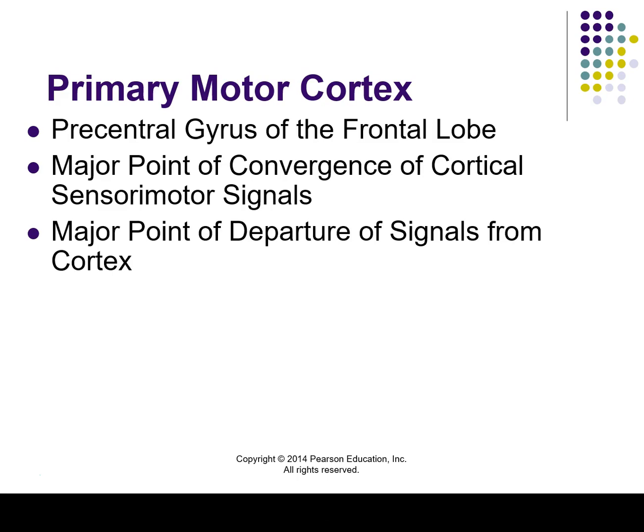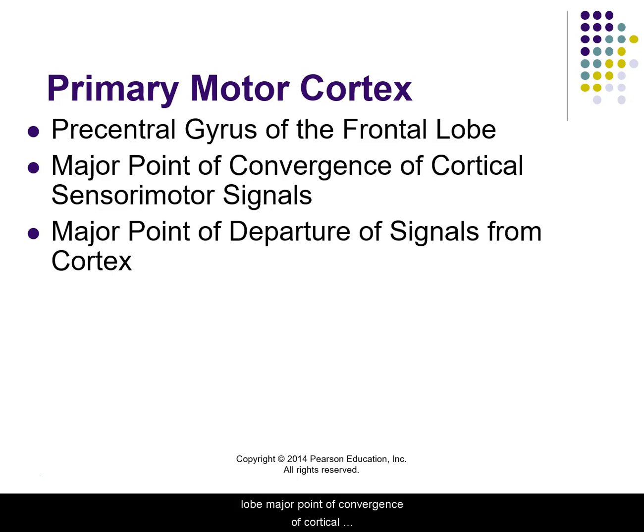When we talked about motor cortex in the previous chapter, chapter 7, with the homunculus and so on, we were talking only about the primary motor cortex. We didn't go into a lot of detail about the association cortex or the secondary motor cortex. So you know a little more now about the primary motor cortex. It is in the precentral gyrus of the frontal lobe.